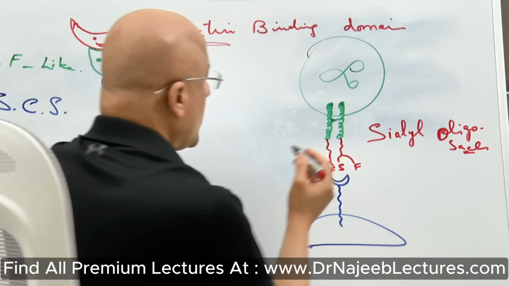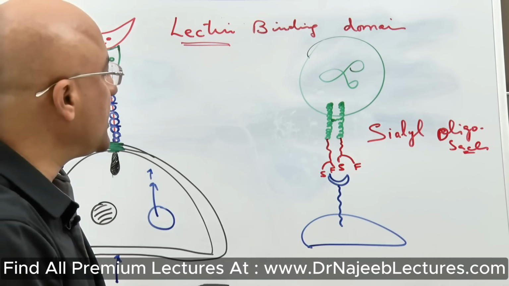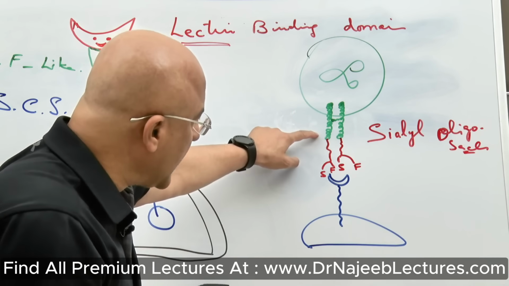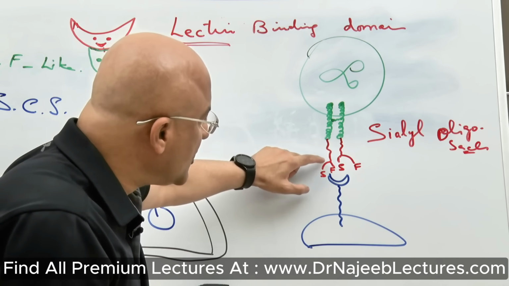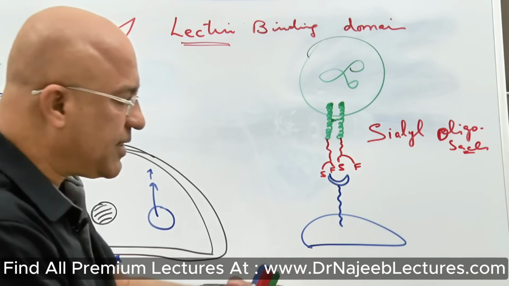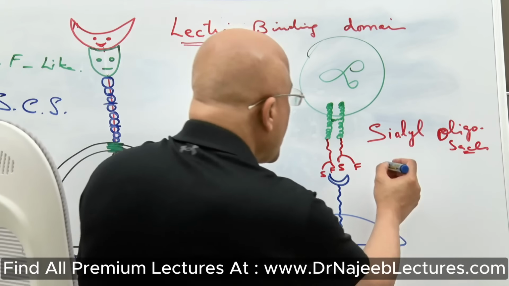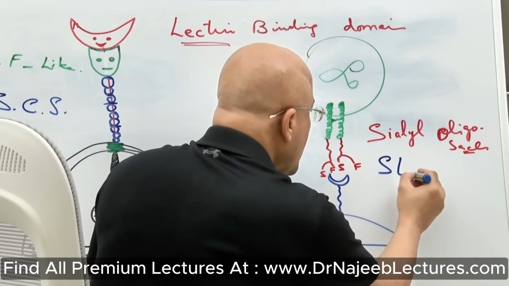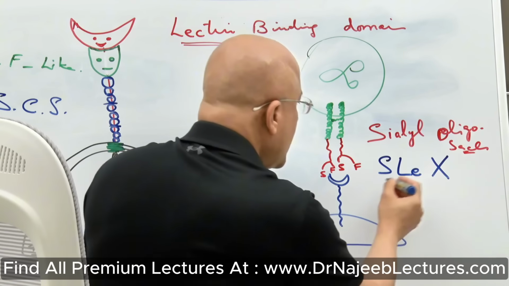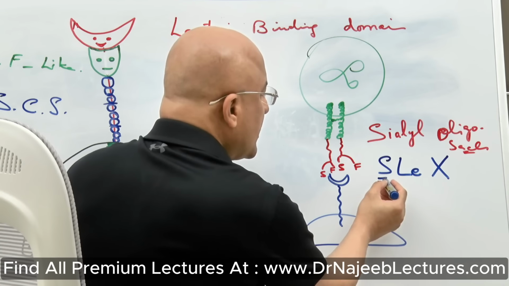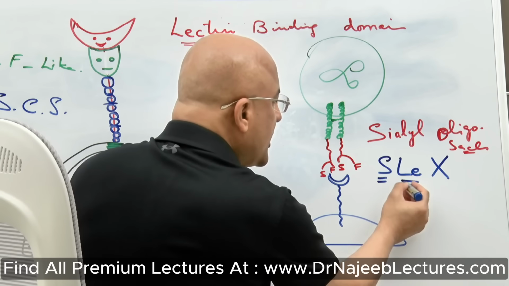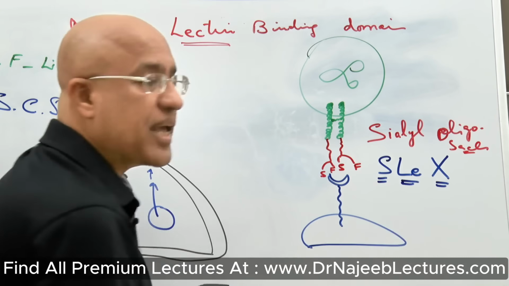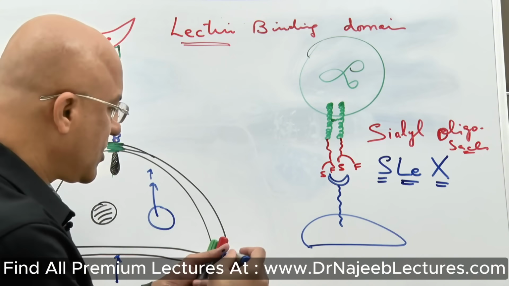Sialylated oligosaccharides which are bound with the, what is this, glycoprotein, right? This sialylated oligosaccharide has another name, that is SLEX. That is sialylated Lewis X domain. What is this called?